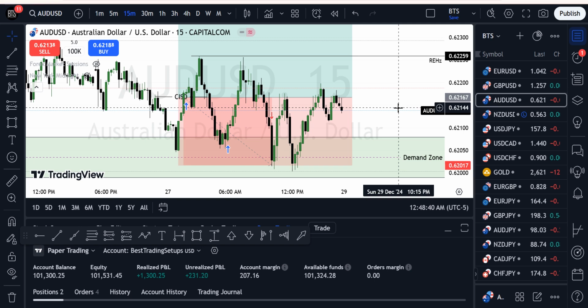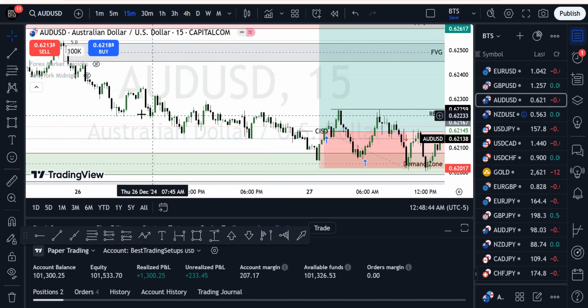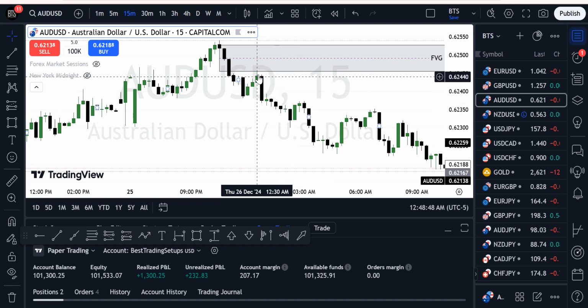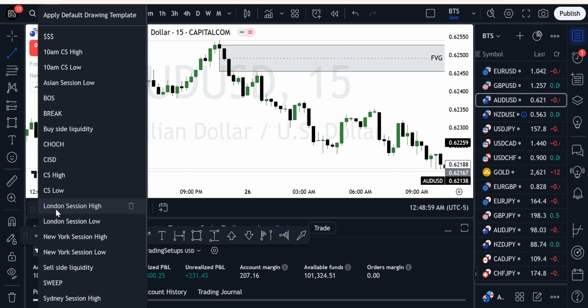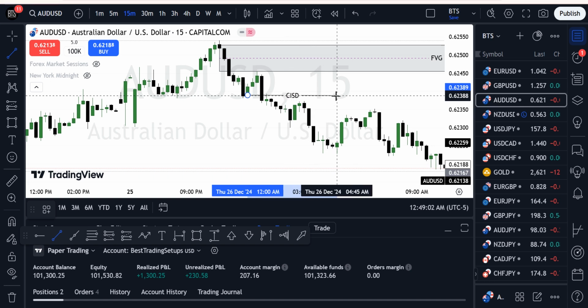Or if you want a continuation of price, for example, let me put it this way. If you want a continuation of price, for example, right here, the series of these up close candles, right? After price breaks it, you extend that out in time, the body of the candle.